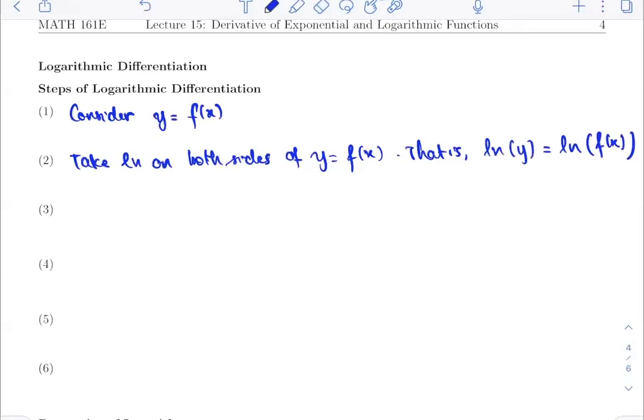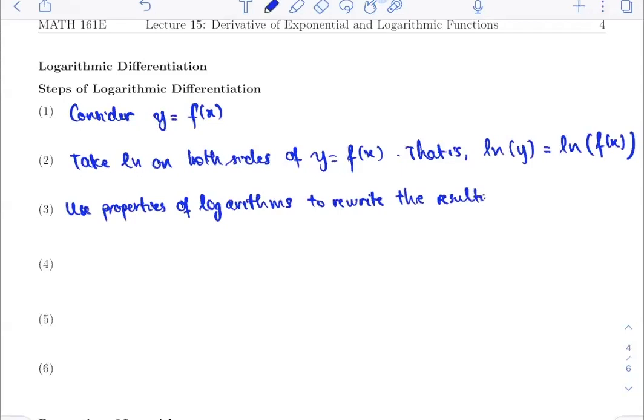Then the third step is to apply the properties of logarithms to rewrite, usually, the right-hand side of the equation. Use properties of logarithms to rewrite the resulting equation.